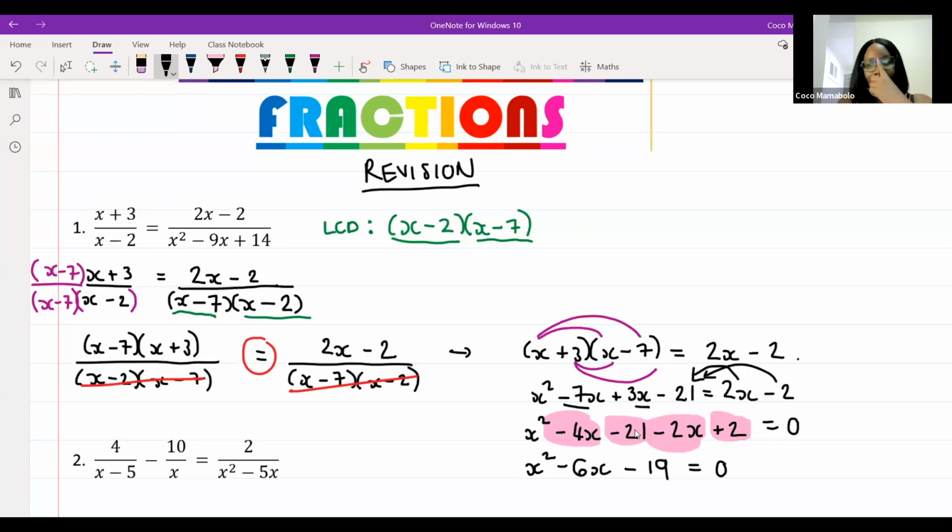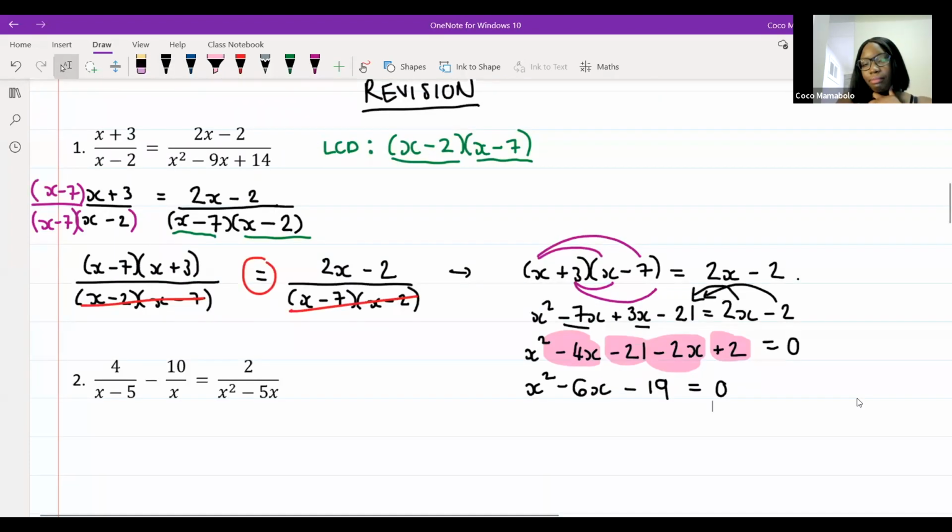And I cannot for the life of me see how we could possibly factorize this at all. The reason I can say that is because 19 is a prime number and we're not going to be able to factorize this. So at this point, guys, I want us to write here, cannot factorize.